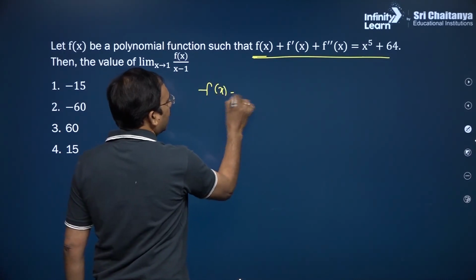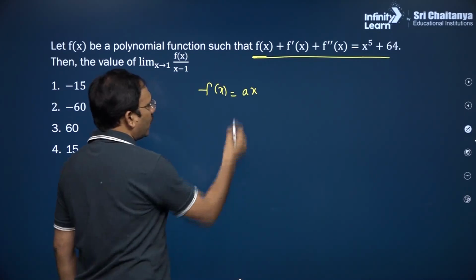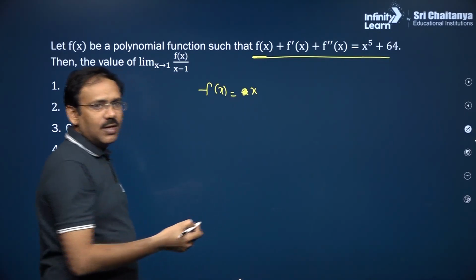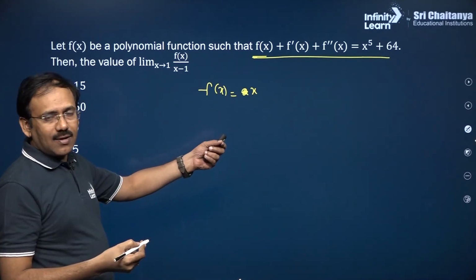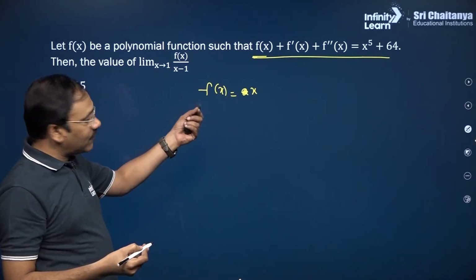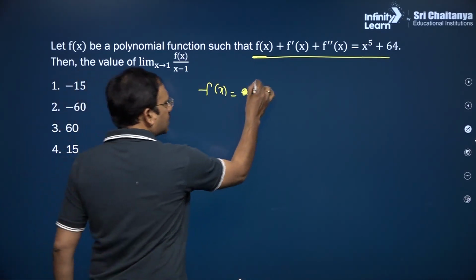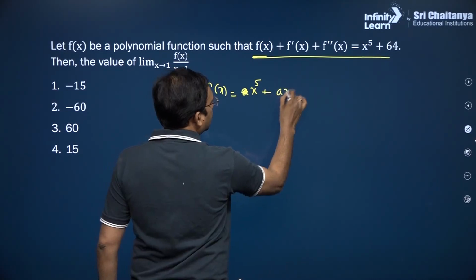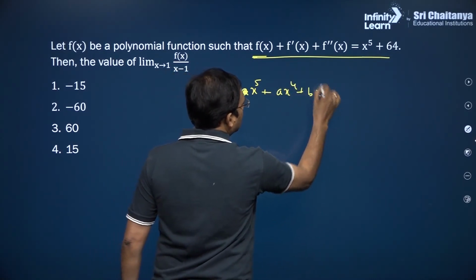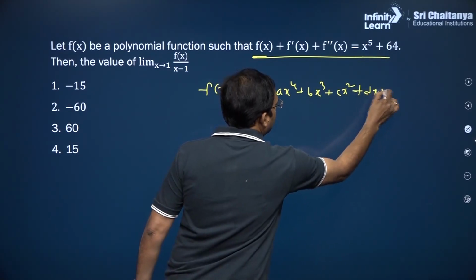Suppose you can take x power 5 directly, because whatever x power 5 quotient f of x has will be there in RHS, because f dash x will have degree 4, f double dash x will have degree 3. So, x power 5 plus a x power 4 plus b x cube plus c x square plus dx plus e, you can take.